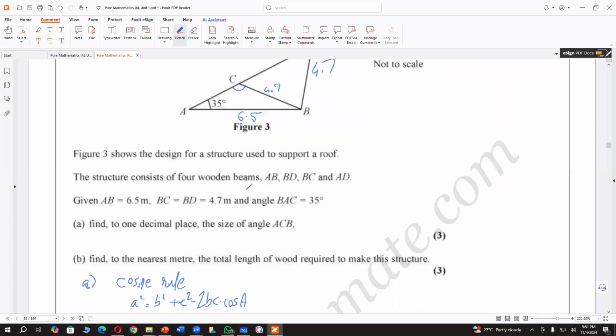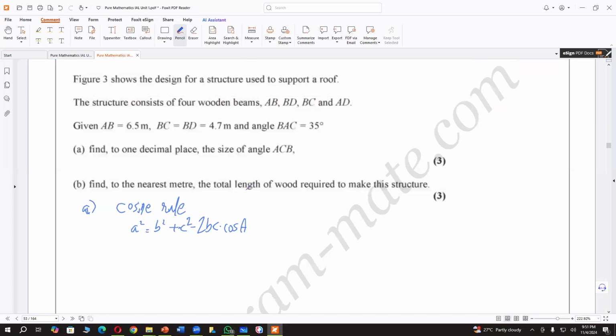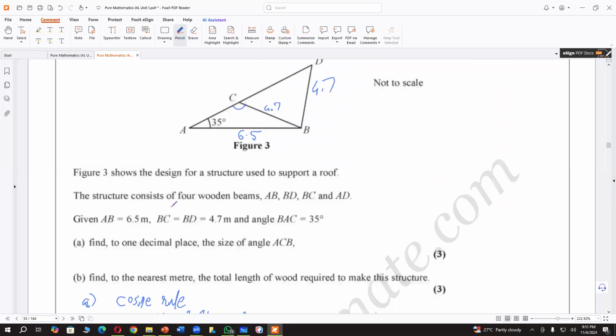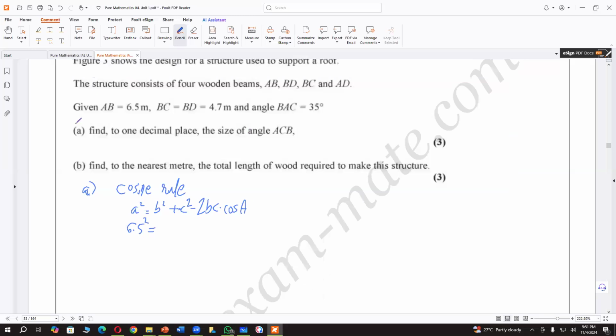Angle C, I will start with 6.5. I can use sine rule and I can use cosine rule. It's better to use sine rule.